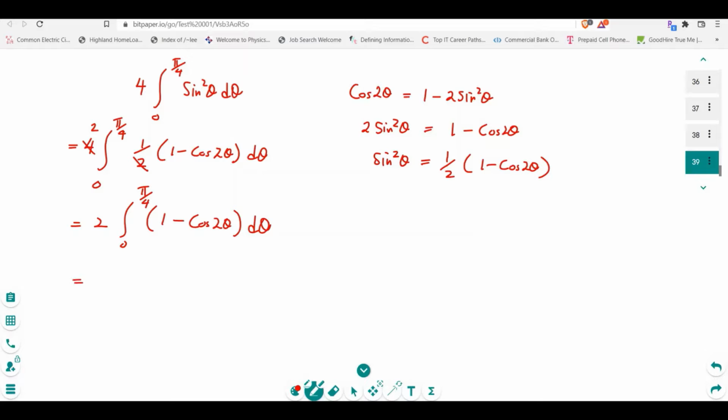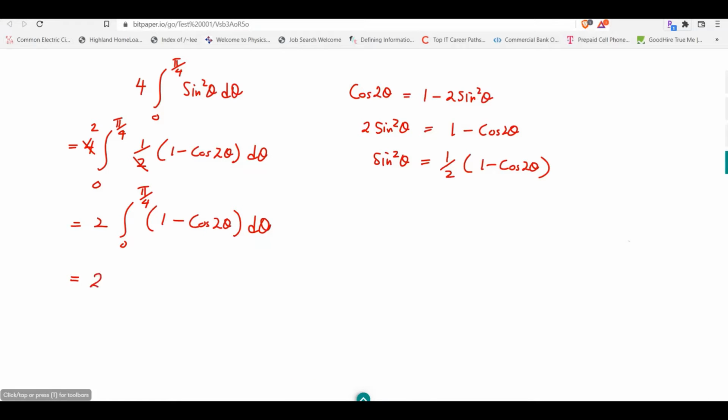Okay, so we are going to distribute the integration like this: 2 times integration from 0 to pi over 4 d theta minus 2 times again integration from 0 to pi over 4 cosine 2 theta d theta.